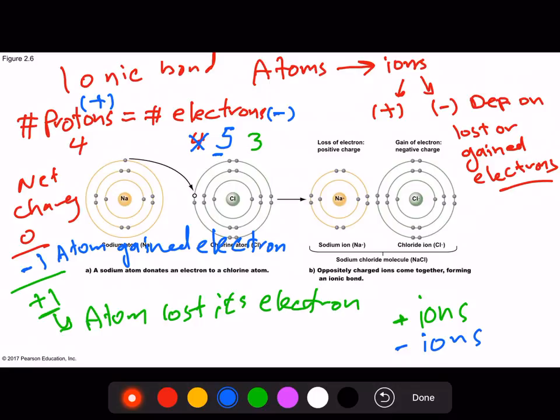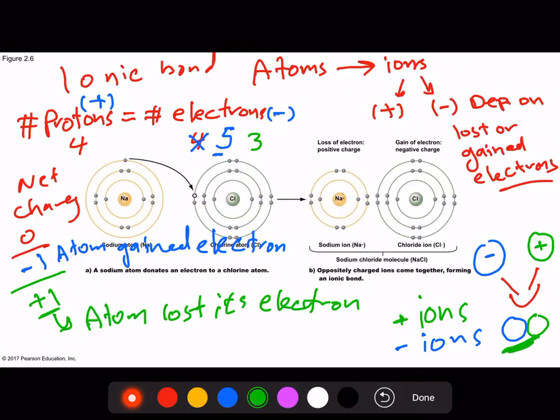Now, by logic, if you have a negatively charged atom and a positively charged atom, what will happen between them? They will get attracted to each other, because positive will get attracted to negative, and that is the ionic bond. I'll repeat.